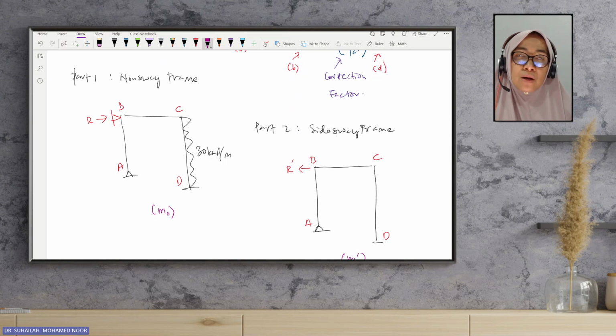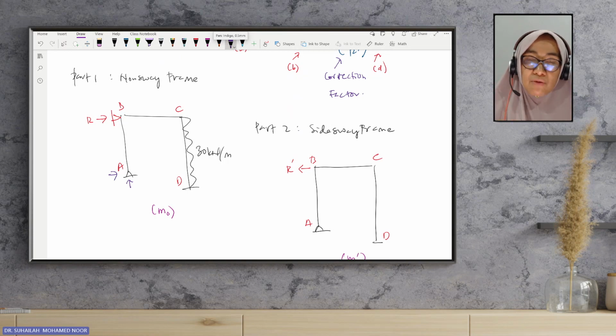Since we have to analyze the equation and do column analysis, we have to put the reactions here. This is because this is a pin, right?